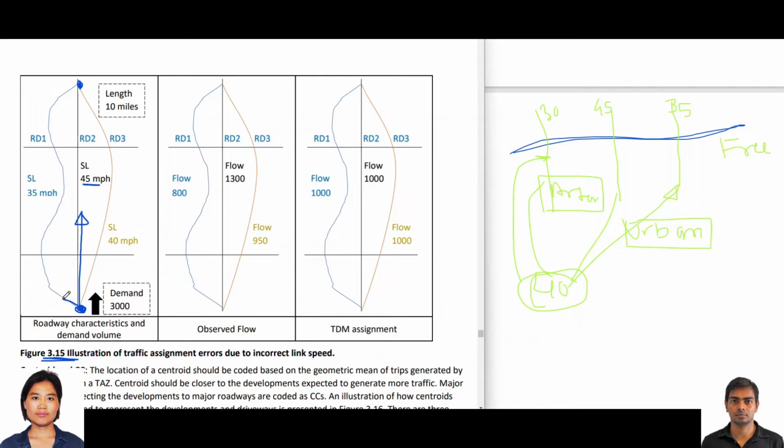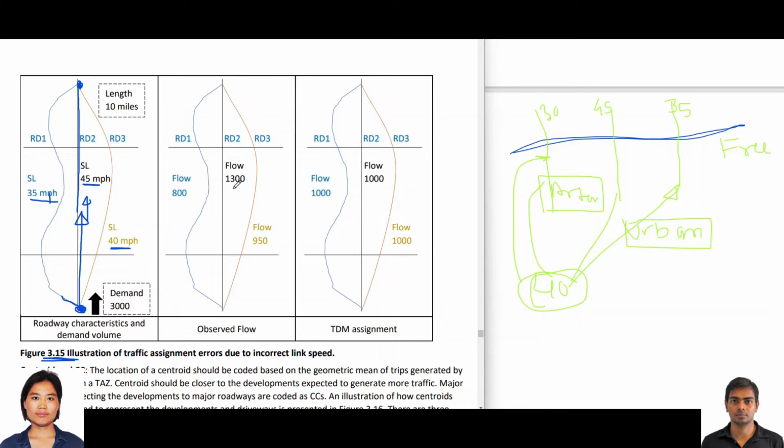Then we have one long route with 35 miles per hour, and then we have another, this red route, with 40 miles per hour. Now intuition will tell us that more people will use the direct route. So out of 3000 vehicles, the majority of people will choose the shortest route until the travel time on this one goes up, and then people would divert to the other route.